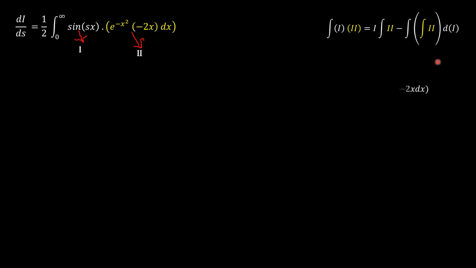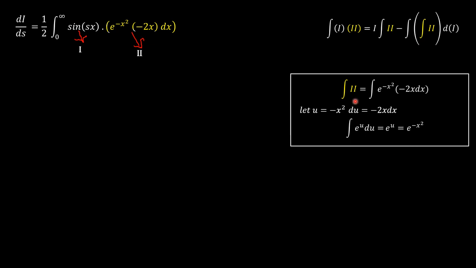Let me first evaluate the integration of the second function, that is integration of e to the power minus x square into minus 2x dx. This integral can be easily evaluated by substituting u is equal to minus x square, so that du is equal to minus 2x dx. Hence the above integral reduces to e to the power minus x square. Therefore, the integration of the second function is e to the power minus x square. Let me keep it aside.